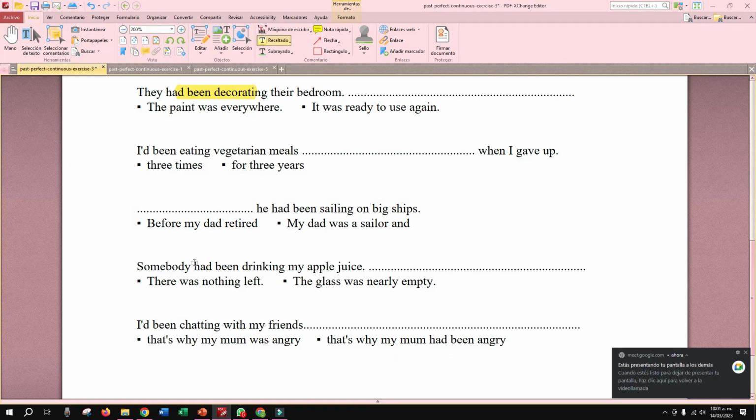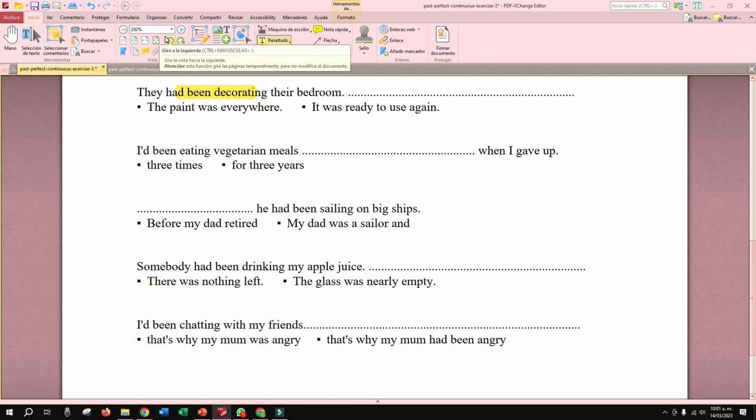It was ready to use again, teacher. So remember, Mr. David, that that is an action that happened before another action, in the past. If you have been decorating something, it is possible that the paint was everywhere. So they had been decorating their bedroom. The paint was everywhere, right? That would be that.